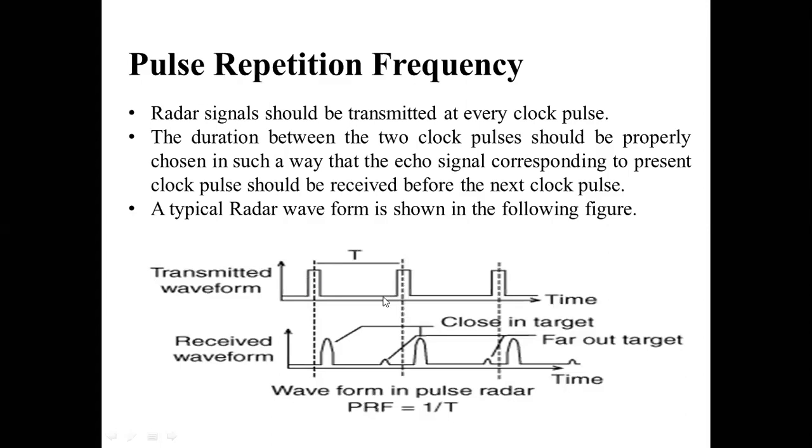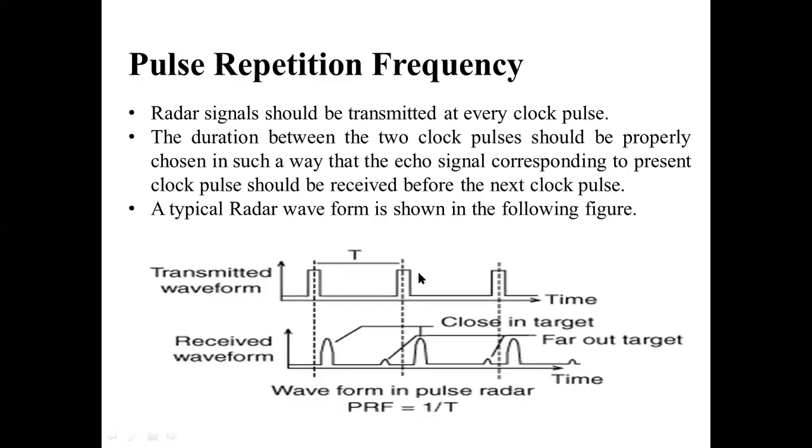Suppose, let me assume, after the first pulse is transmitted, we are not getting any echo signal within this pulse repetition time. After some time duration, it takes more time to receive the echo signal.